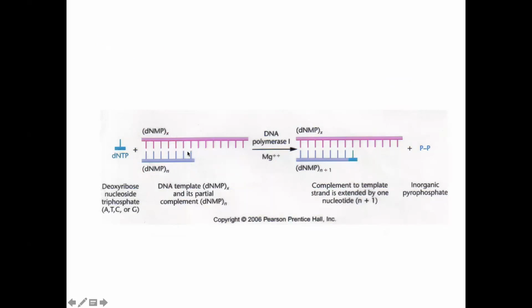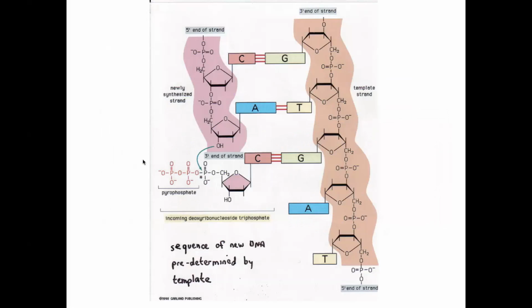So remove this nucleotide by breaking that phosphodiester bond, removing this nucleotide by breaking that phosphodiester bond. So the direction of degradation is from the 3' to the 5' direction: 3' to 5' exonuclease activity.